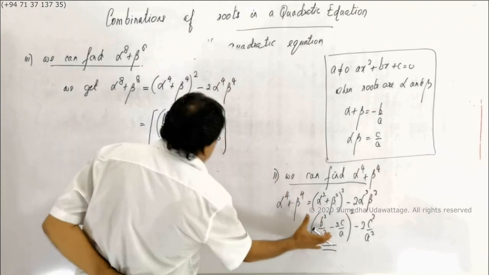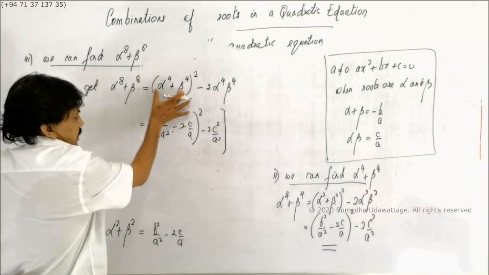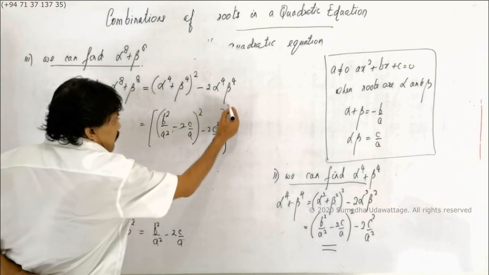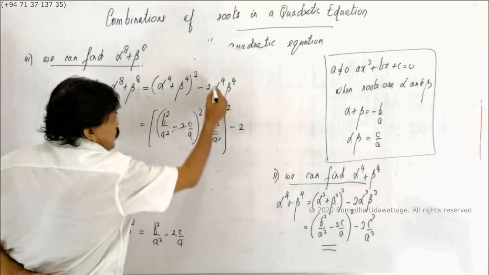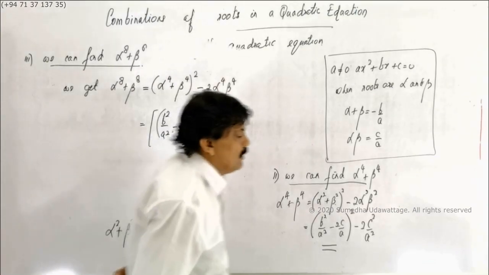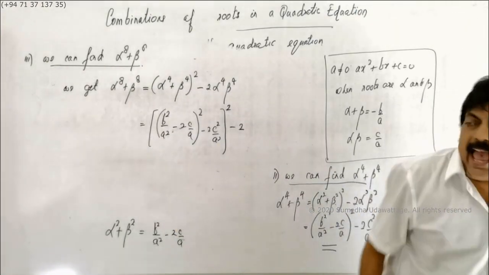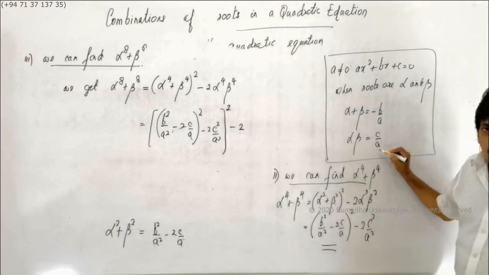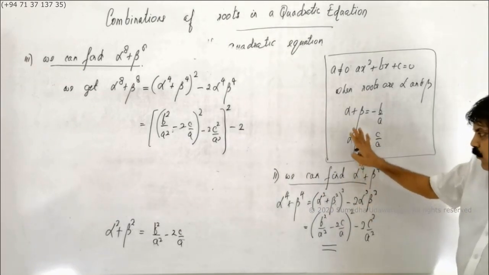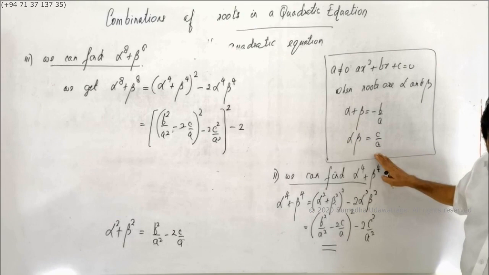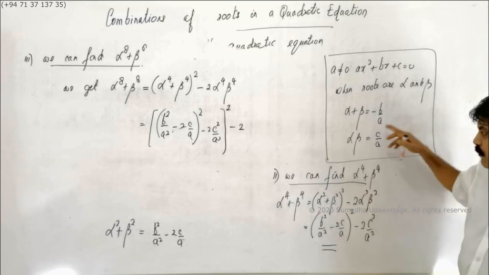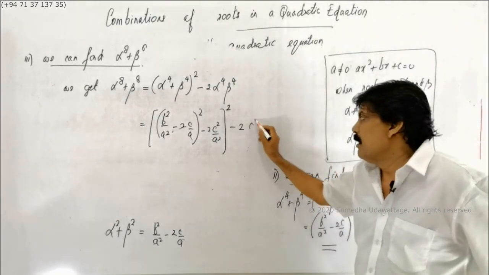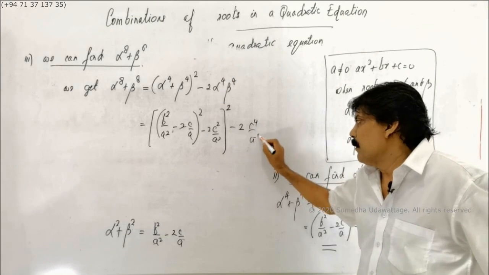This alpha 4 plus beta 4 I substituted here, complete thing square minus 2 alpha 4 beta 4. Look here, alpha beta is c over a, you put into the power 4, this side also you got to put into power 4, it would be c4 over a4.